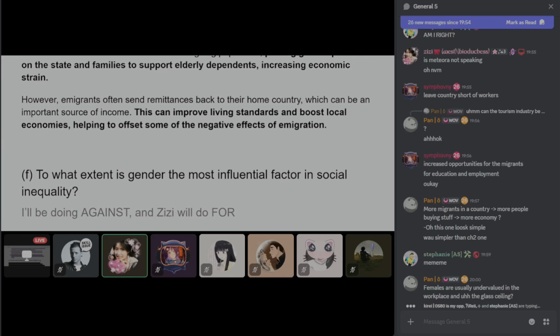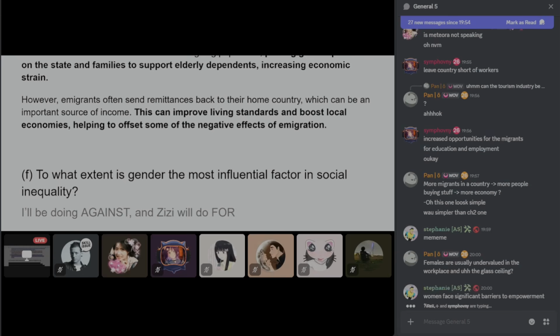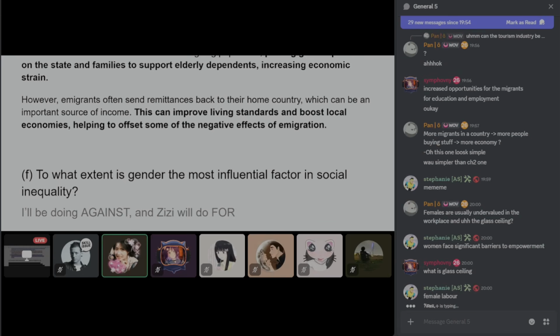Glass ceiling. Right, glass ceiling. Women face significant barriers to empowerment. Okay, what is glass ceiling?